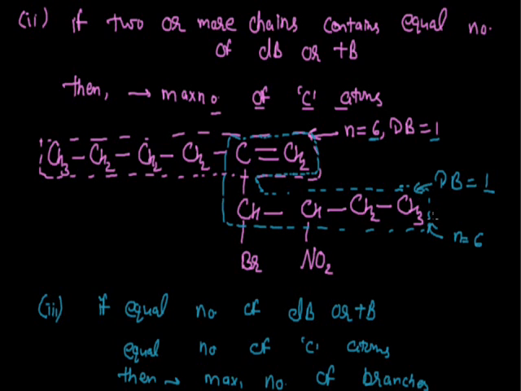So for the selection of the parent chain, we will count how many branches are associated with the chain. If we treat the straight chain as the parent chain, there will be only one branch, this one. So this chain contains only one branch.